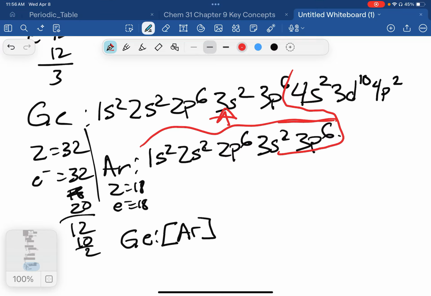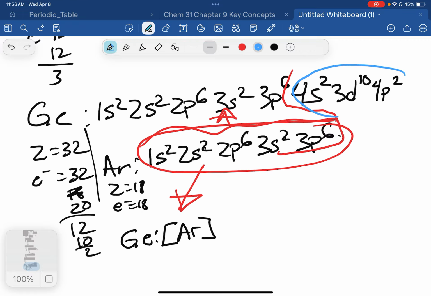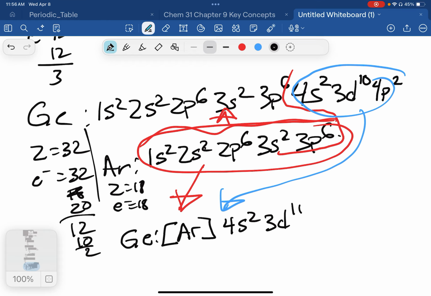All of this right here is just a shortcut for that. Then all you have to do is add this here to the end over here. And so we're going to go ahead and do that. And that's going to be 4s2, 3d10, 4p2.